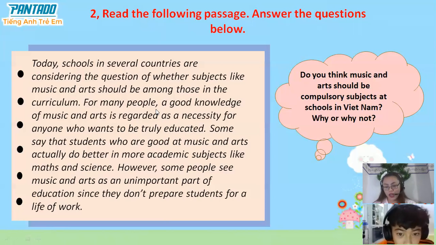Okay, is that what you're trying to say? Okay. Well, yes, I must agree with you. So music by singing and dancing can build someone's confidence, and with arts we can express ourselves. Okay, very nice. Good point.